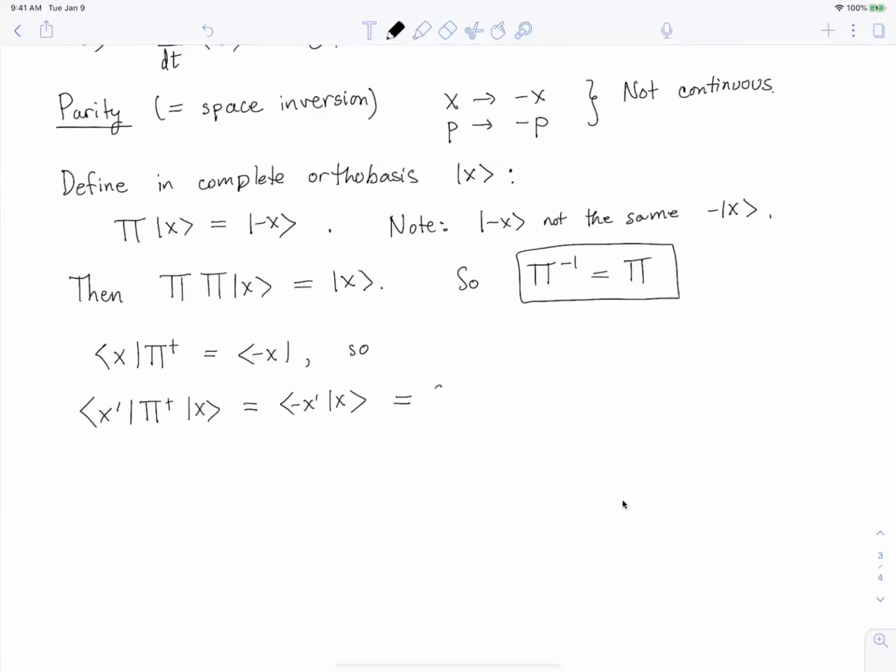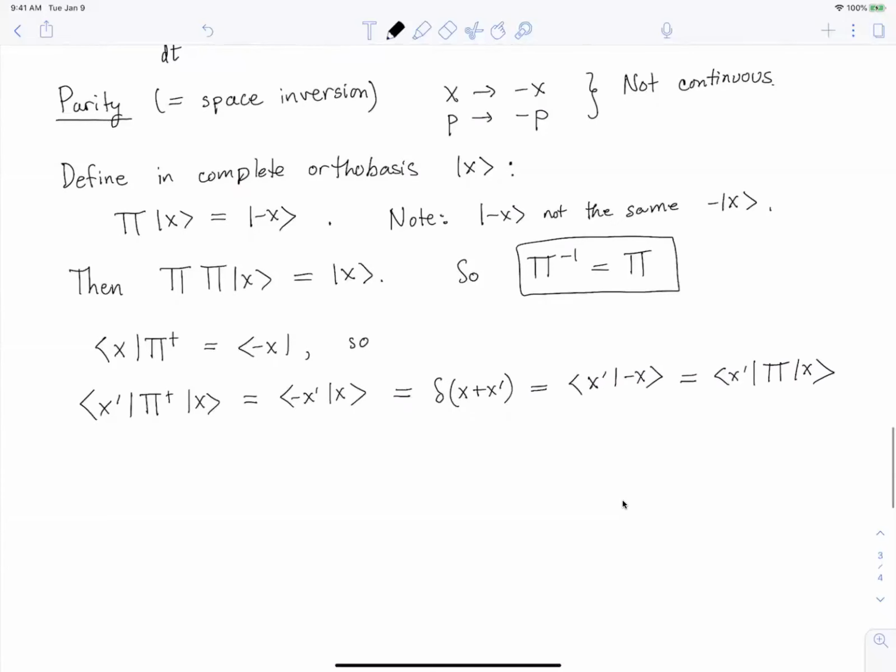So this is actually the delta function of x minus x prime, or x plus x prime. Okay, notice it's not minus delta x minus x prime. This is equal to, in turn, we can rewrite this as x prime minus x. And that we can rewrite as x prime parity operator acting on x, just from the original definition.